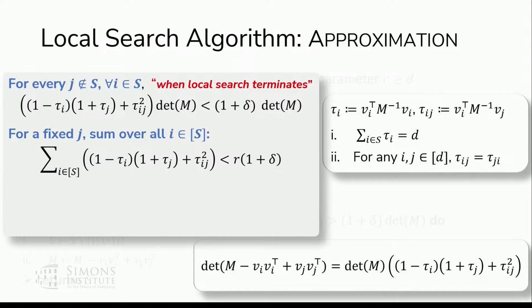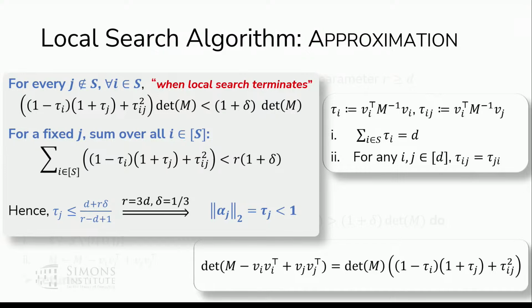I get these terms for the left-hand side, and the right-hand side becomes simply R times 1 plus delta. If you do the calculation, we basically get tau j less than (d plus R delta) over (R minus d plus 1). And setting, for instance, R to 3d and delta to 1 over 3, we get the L2 norm less than 1 for everyone not in the spanner.